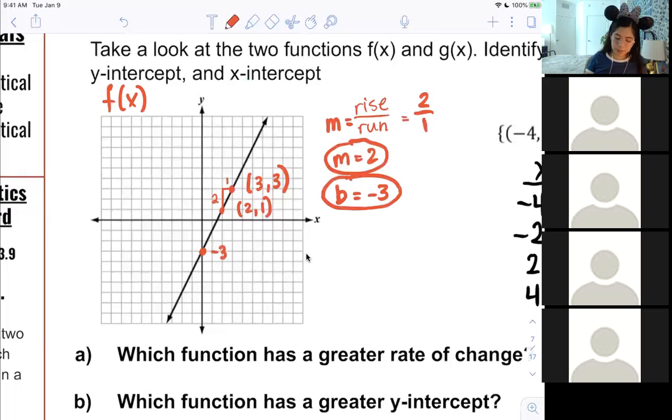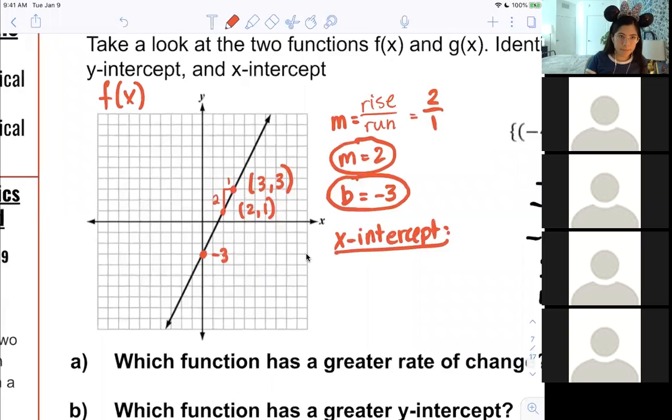So the last thing left is to figure out the x-intercept, and where do I look for that? Look closely.